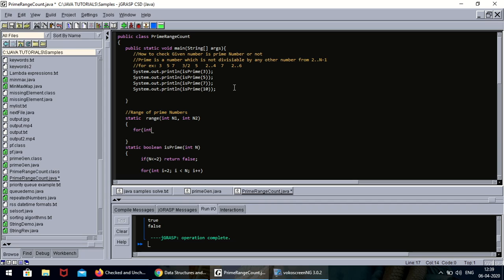For int i equal to n1, i less than or equal to n2, i plus plus. If isPrime(i) returns true, that means that number is a prime number.